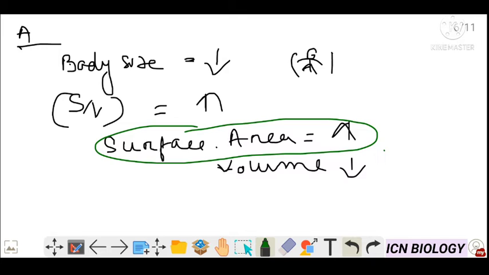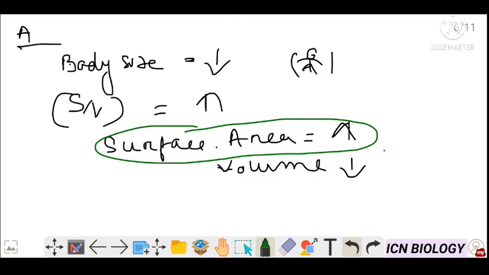It requires more surface area to radiate heat, because the equator region is a warmer climatic condition.